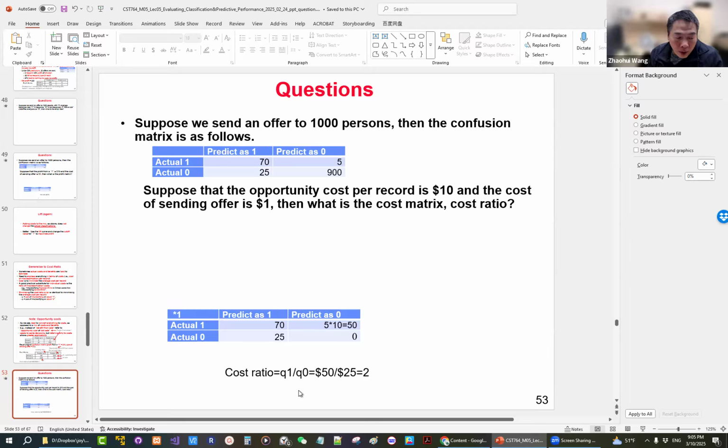And usually we focus on the loss of the opportunity. So the higher cost ratio will be worse. The higher cost ratio means we have the higher loss of opportunity. We'll try to reduce the cost ratio.